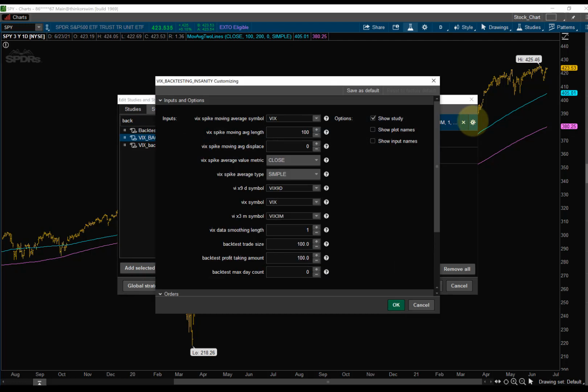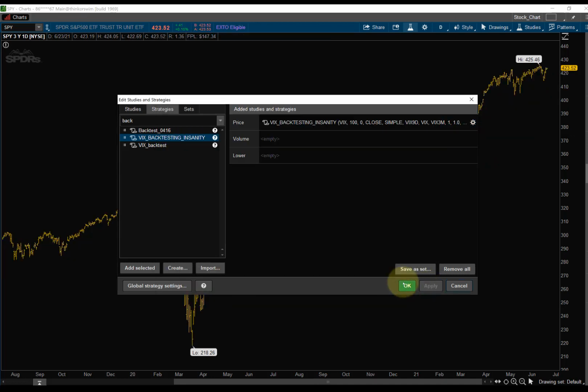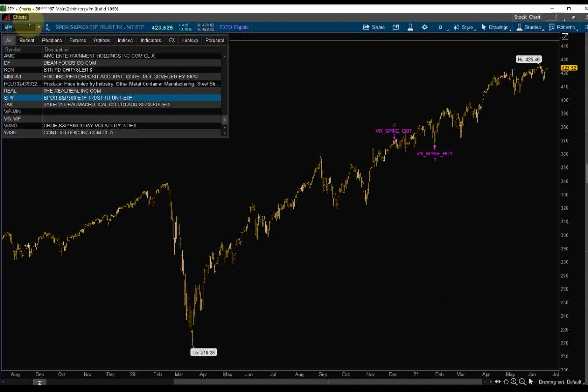Now that I have the backtester on here, VIX 9-day, VIX 30-day, 90-day. Backtest trade size, we can just do a 1 lot, and we want to take profits when the S&P futures rally 100 points. For this example, I won't use a stop. Okay? Apply. Let me put this on S&P futures.